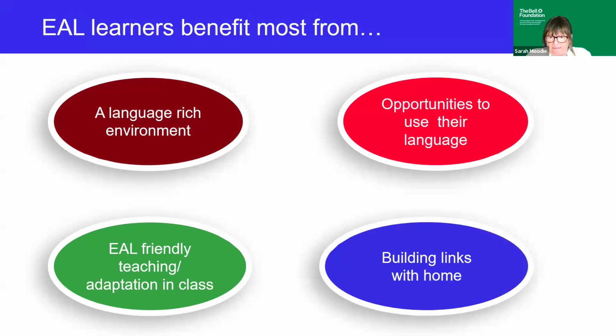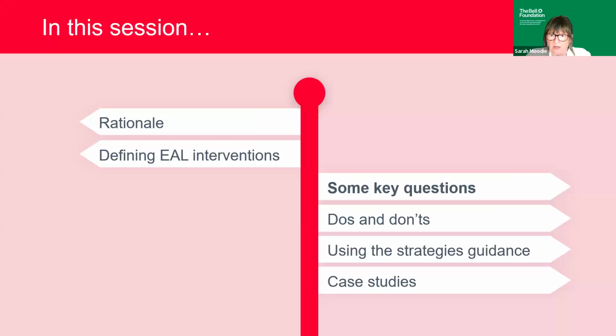And then not forgetting that links with home are also really important. Sometimes forgotten at secondary, I think, but equally important, as the parents can play a really key role in both maintaining the first language and developing curriculum learning. So this next section seeks to answer some key questions.